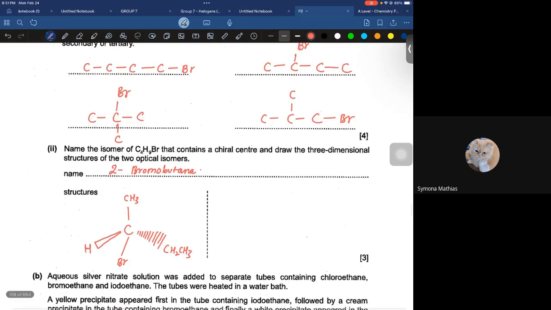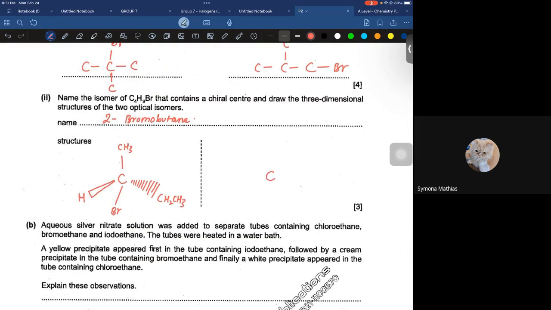Then I'm going to draw the mirror image. What will the mirror image be? Left becomes right, right becomes left. So that would be the mirror image of this. This is a 3-mark question.